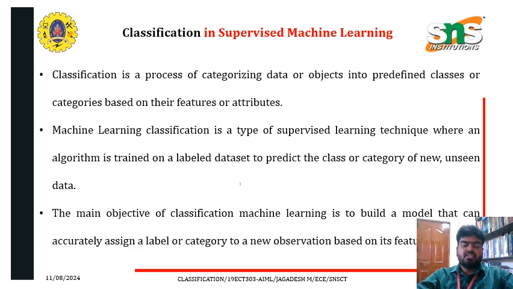Classification is the process of categorizing data or objects into predefined classes or categories based on their features or attributes. Machine learning classification is a type of supervised learning technique where an algorithm is trained on a labeled data set to predict the class or category of new unseen data. The main objective of classification is to build a model that can accurately assign a label or category to a new observation based on its features.